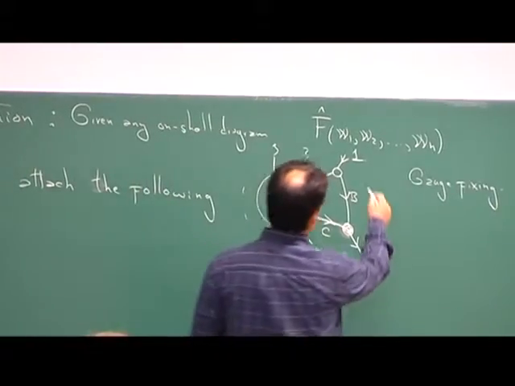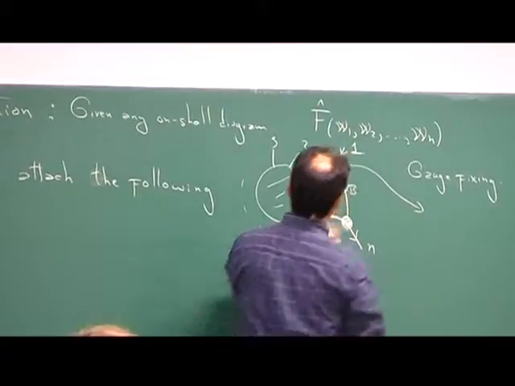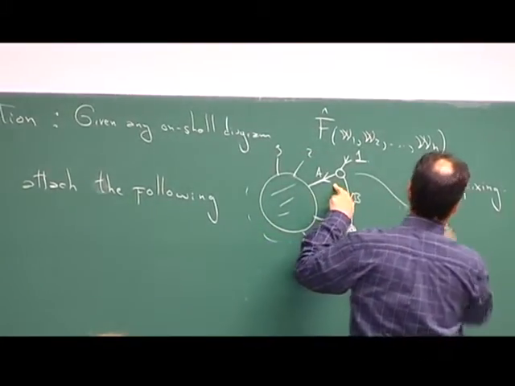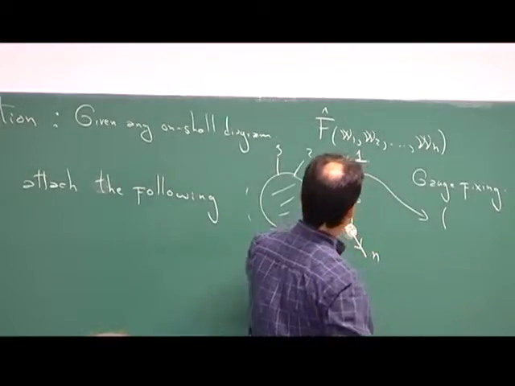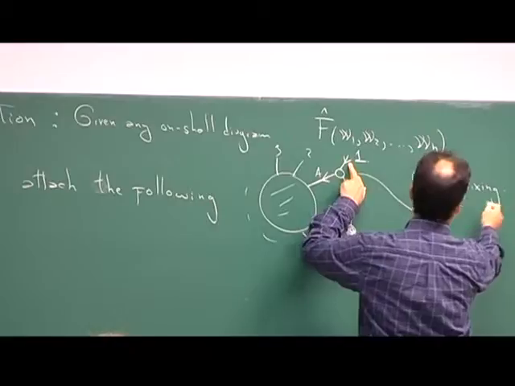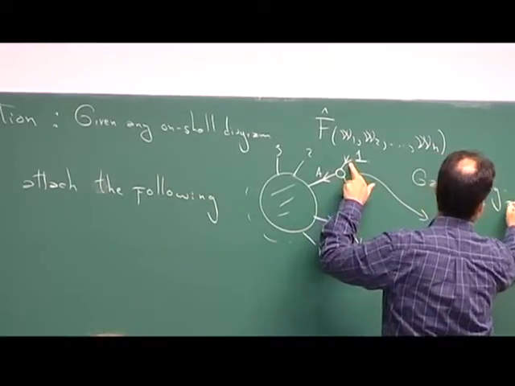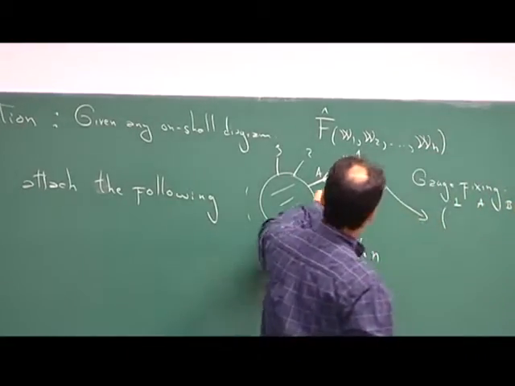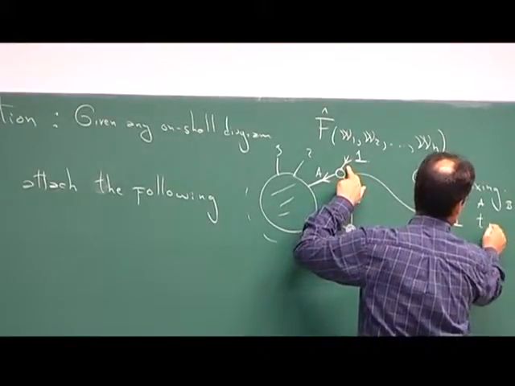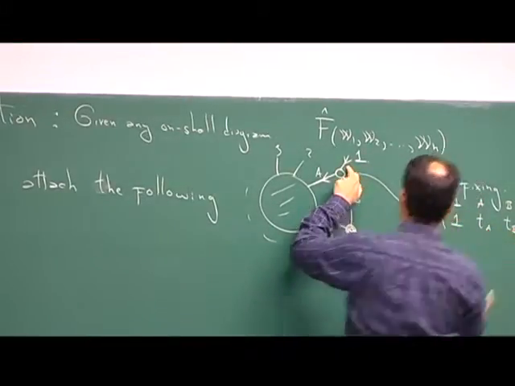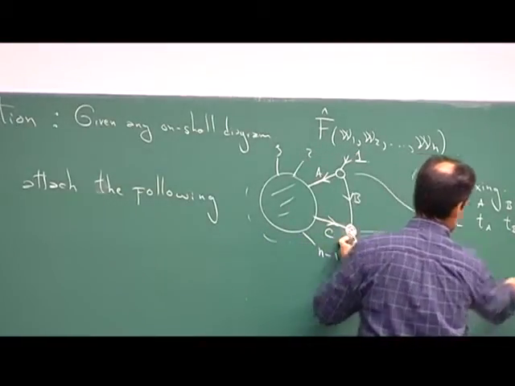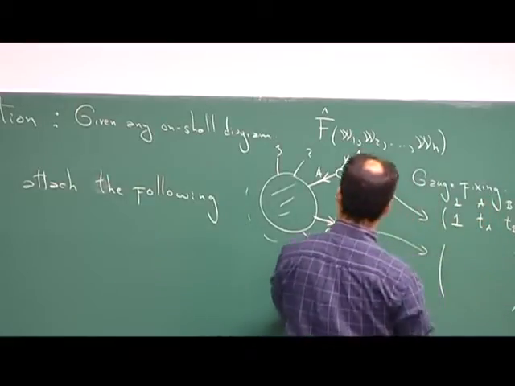So just to remind you, what does gauge fixing mean in this form? It means that the matrix that I'm going to use has the following form. If this is the column corresponding to 1, this is the one corresponding to A, and this is the one corresponding to B, I'm going to have a 1 here, a tA, and a tB. And the gauge fixing in this case will correspond to a 2 by 3 matrix.